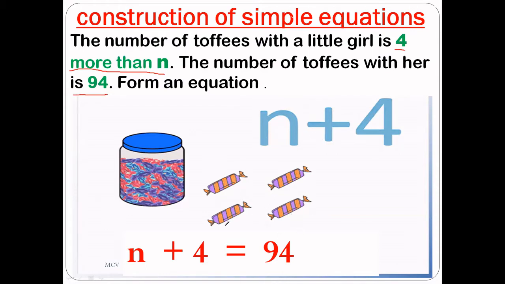So you can form an equation. You can combine both left and right by the equation sign. Then n plus 4 equals 94.